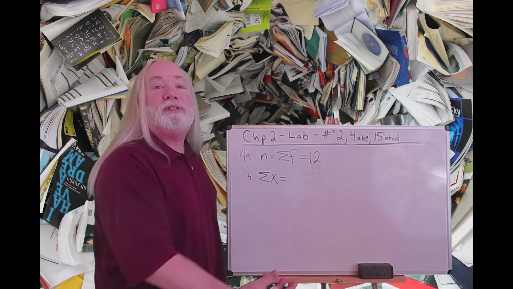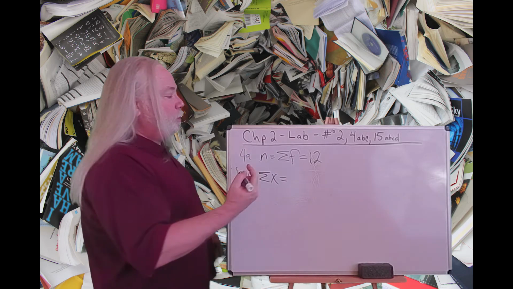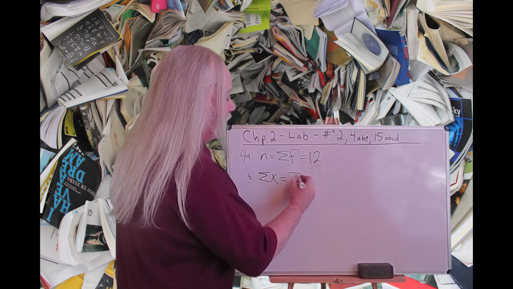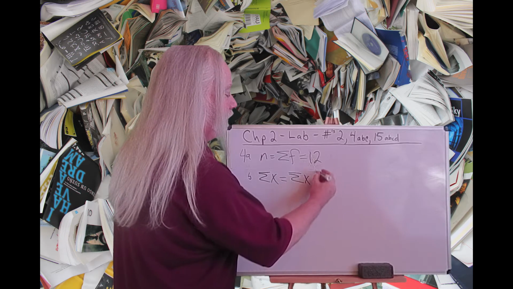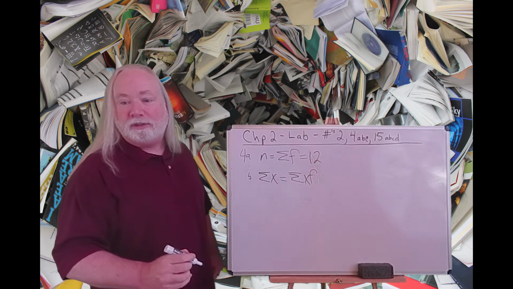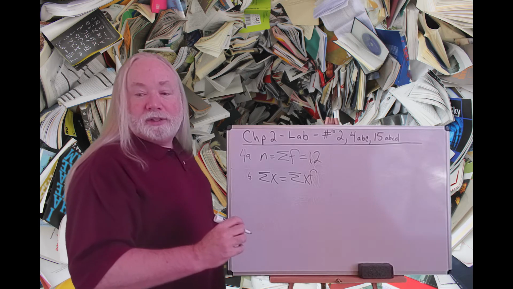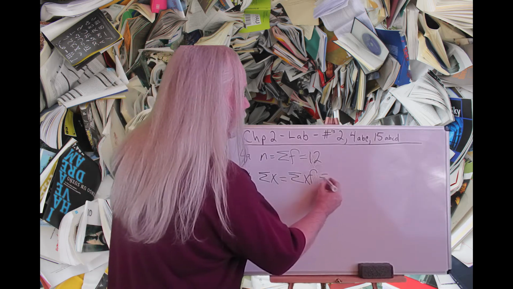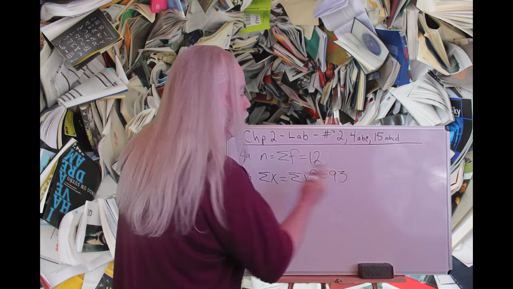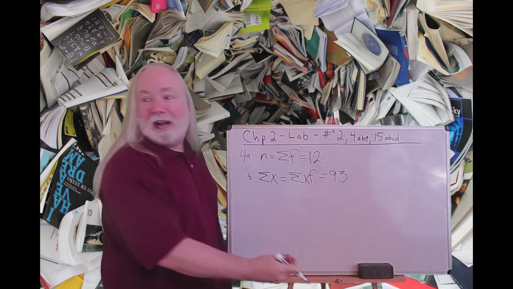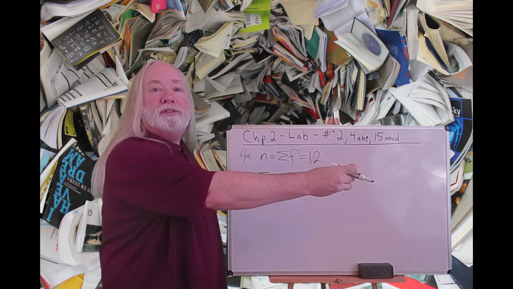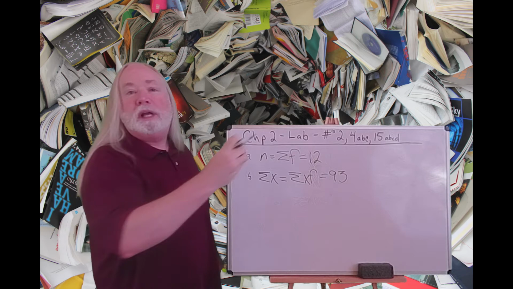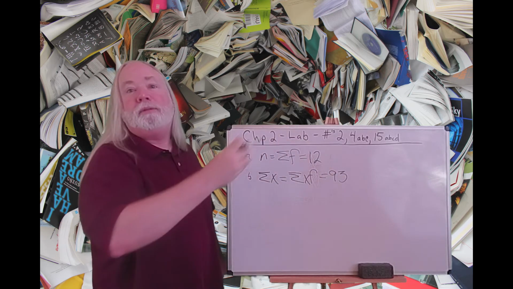There are 3 7s. So what we really want to do here is get the summation of the products of the raw scores times their frequencies. When we do that, our answer is 93. Multiply across, add down. So 10 times 1 is 10, plus 9 times 2 is 18, plus, right?